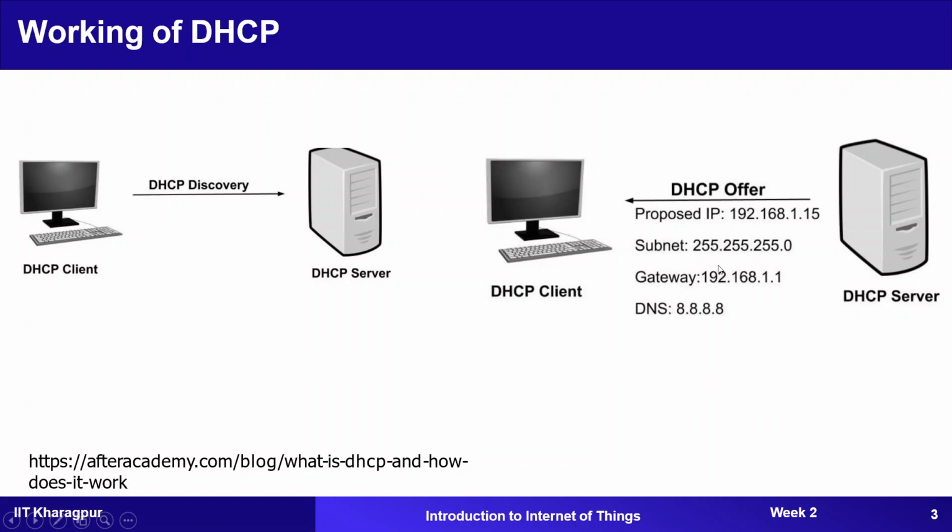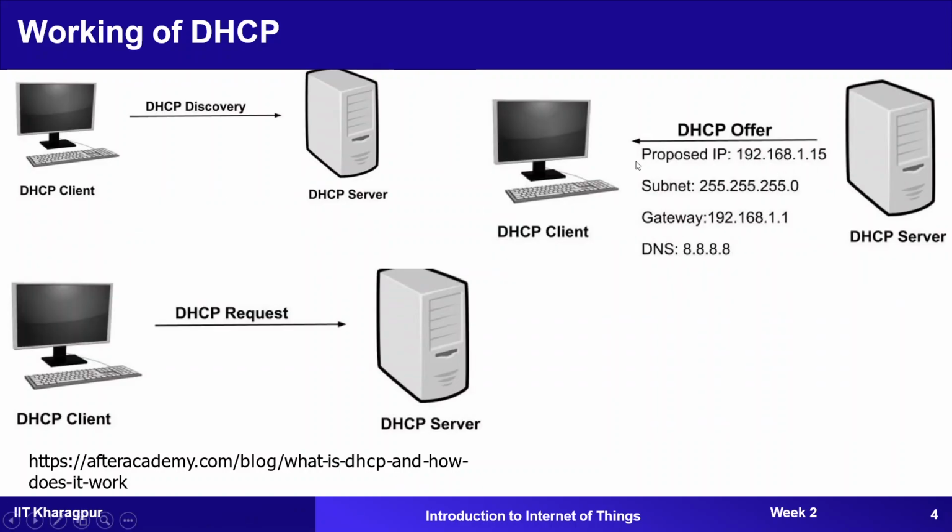When this message reaches the DHCP client, the client accepts the DHCP offer, and in response sends a DHCP request to the DHCP server. This message is a unicast message, sent to the particular server from which the DHCP offer has been accepted.